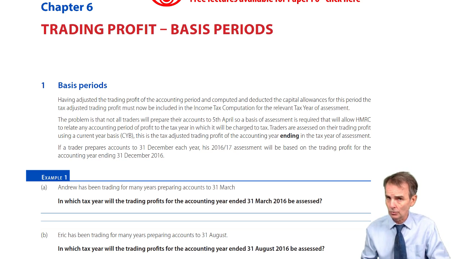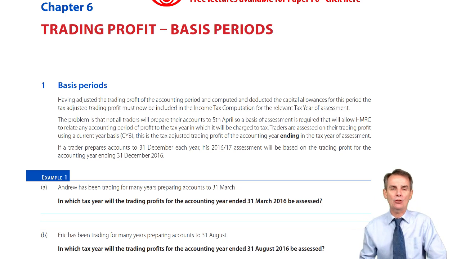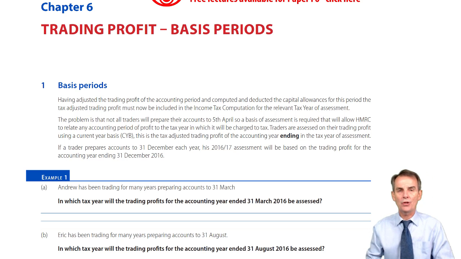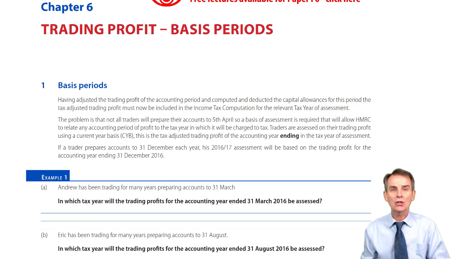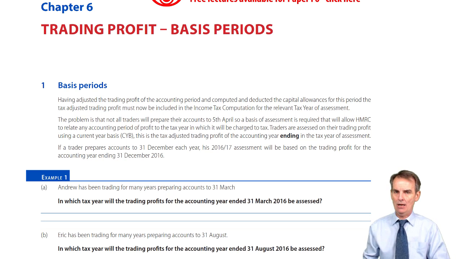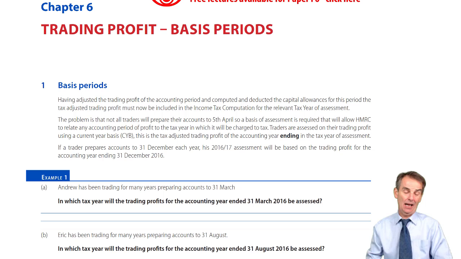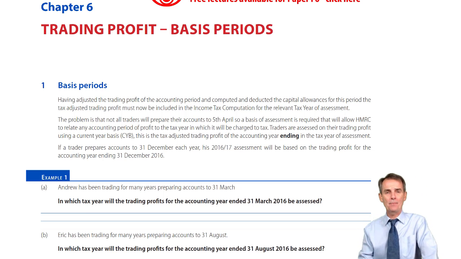I hope you'll also remember from early in chapter 2, we stated what the different bases of assessment for each source of income, including trading income, would be. And what do we say it would be for trading income? We had a little acronym, CYB. What did CYB stand for? I hope you're saying current year basis.